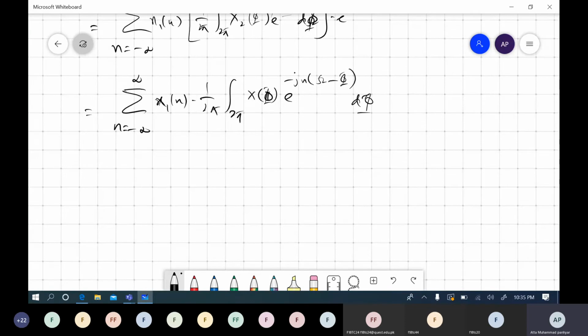Now you know this summation is revolving around the n variable, right? n from minus infinity to infinity. So we got n here and we got n here, and this integral is only with respect to phi.